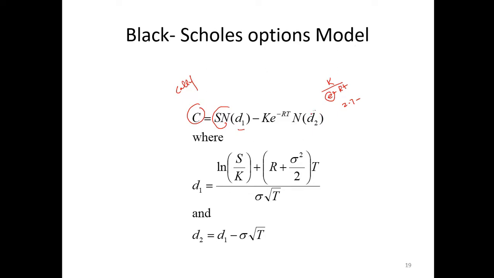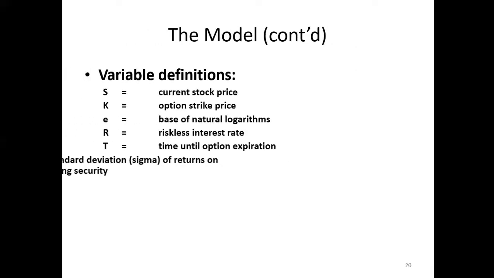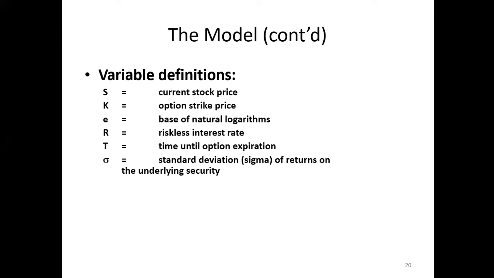For d1, first we take the natural log of the stock price over the exercise price, plus R, plus the volatility terms. These variables are explained here: S is the current stock price, K is the option strike, R is the risk-free rate, T is the time, and sigma is the standard deviation.